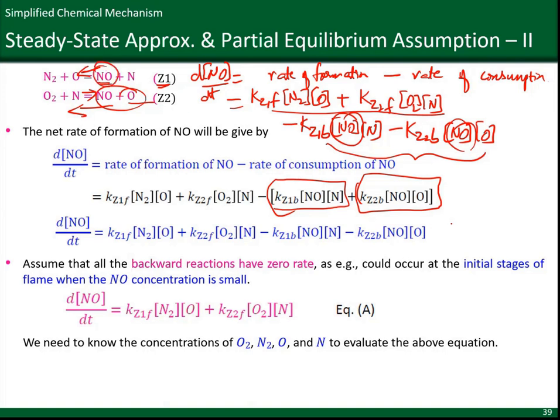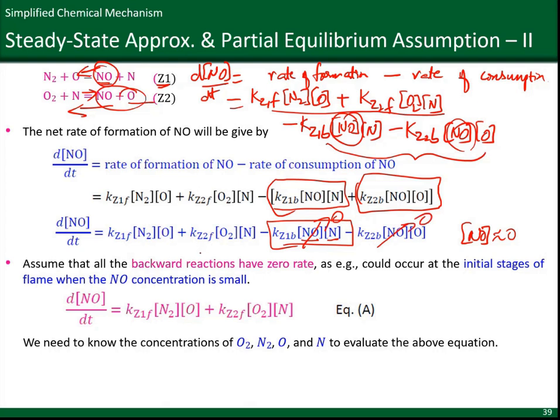So in regions of the flame where NO concentration is small, or almost zero, you can simply say that this backward reaction rate depends on what? It depends on concentration of NO and concentration of N. If concentration of NO is almost zero, then this backward rate is zero, both in Z1 as well as Z2.